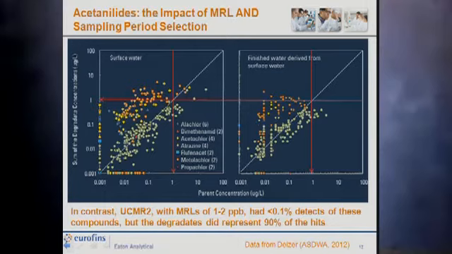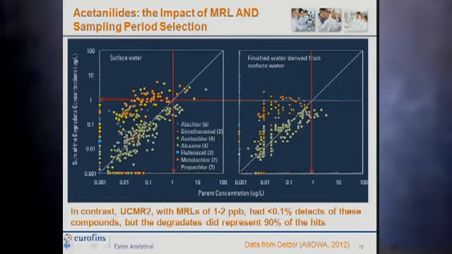The red lines represent EPA's MRLs in UCMR2. So you can see that clearly with the high MRLs, we've censored a whole lot of potential data that we might have seen in UCMR2, but there's still a whole lot more than the less than 1% of detects that we actually saw in UCMR2.